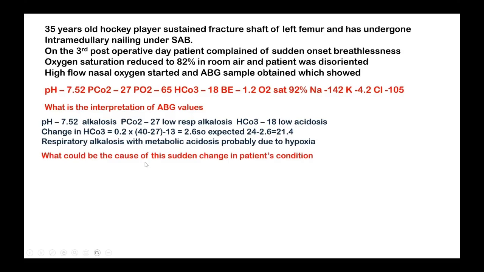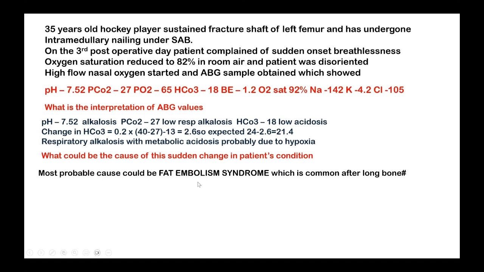What could be the cause for the sudden change in the patient's condition? Embolism. Fat embolism, because it's a long bone fracture which has been fixed, which is a very common thing. So fat embolism syndrome. How to make a diagnosis? What are the other things to confirm it is a fat embolism?